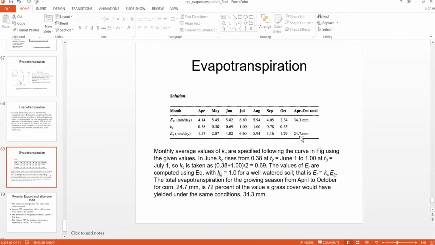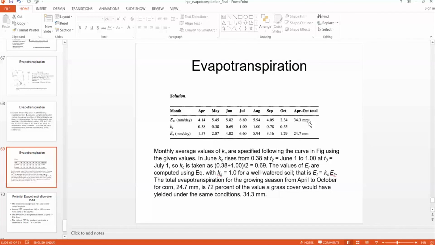Okay, so you see that compared to the corn, grass is requiring more water. This reference grass required 34.3 mm, whereas the corn crop required 24.7. Generally this is nothing but 72% of the value of grass cover.